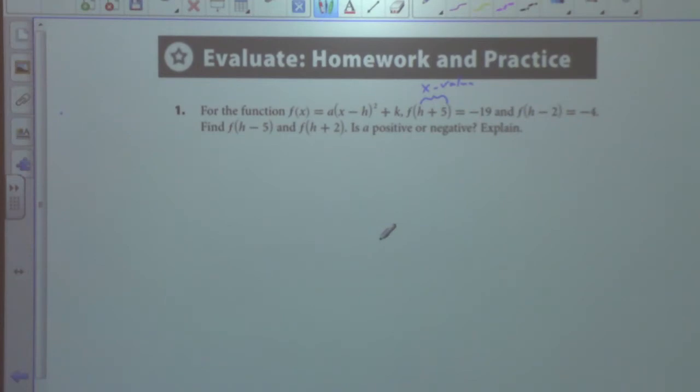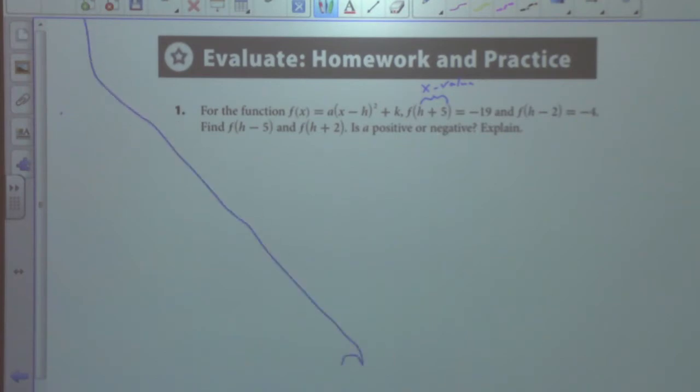Does anybody have an idea if even A is negative or positive? Negative, you think, Ben? How do you figure A is negative, Ben? When both of the answers, negative 19, negative 4, are negative. Okay. It says both of the output values are negative, and so consequently, wouldn't A be negative? That's your logic. We'll see how it holds here.